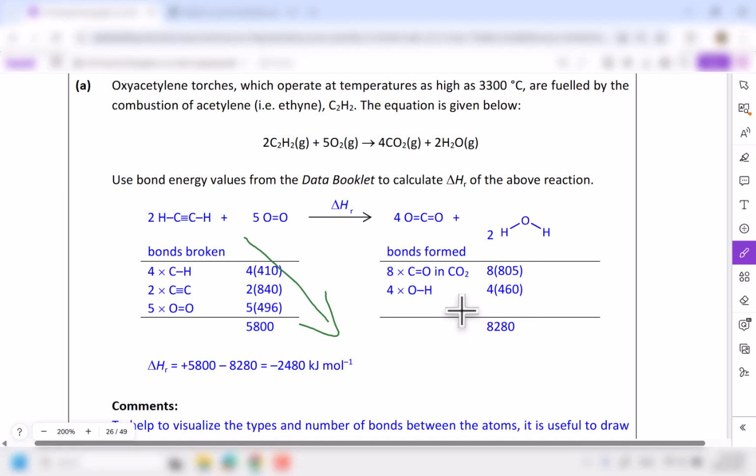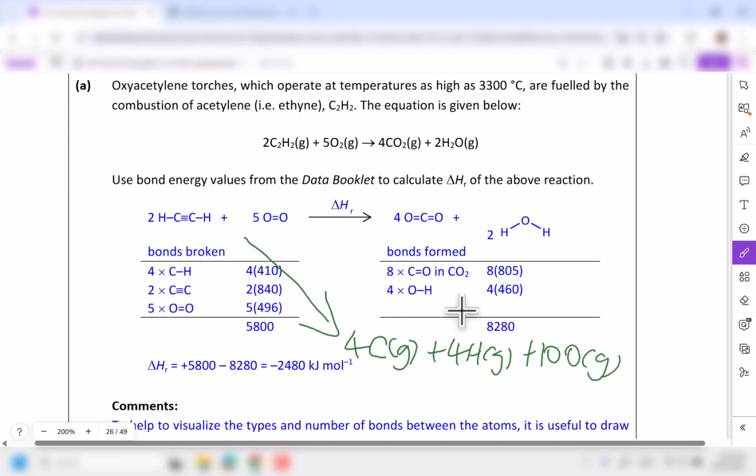It's written out for you: you have 4 C–H bonds, 2 C≡C triple bonds, and 5 O=O double bonds. So I'm going to end up with 4 gaseous carbon atoms plus 4 gaseous hydrogen atoms plus 10 gaseous oxygen atoms.